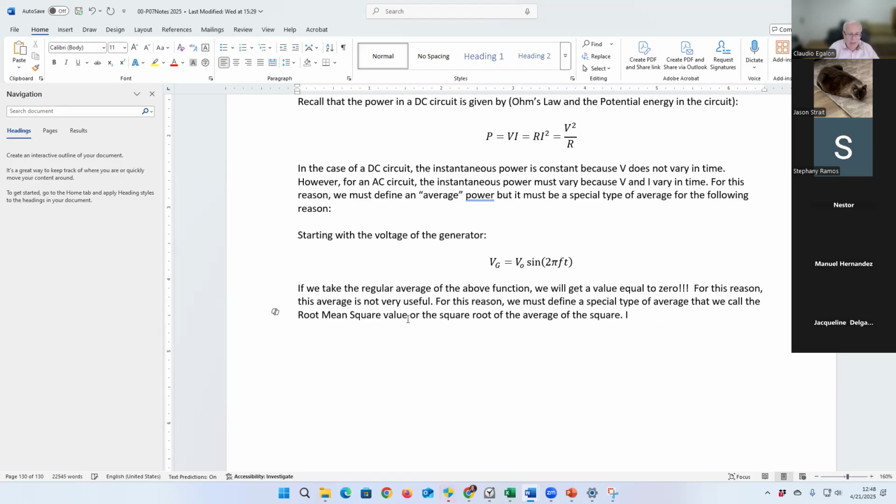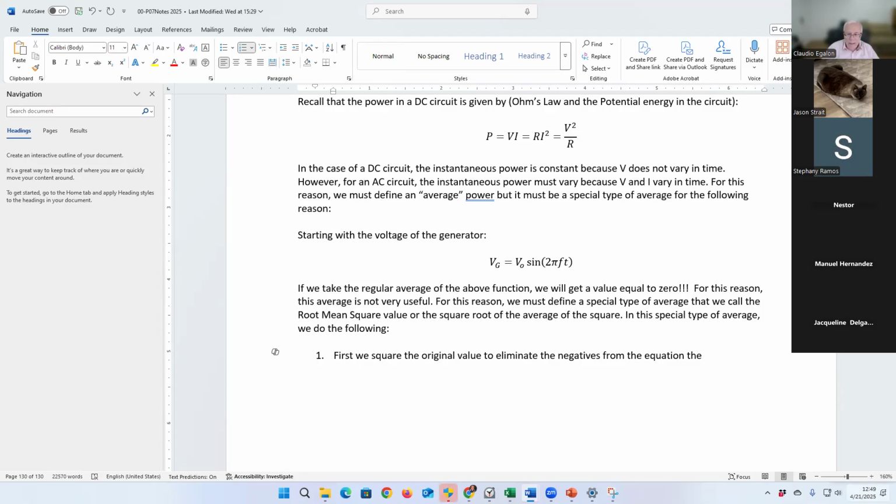In this special type of average, first we square the original value to eliminate the negatives from the equation.